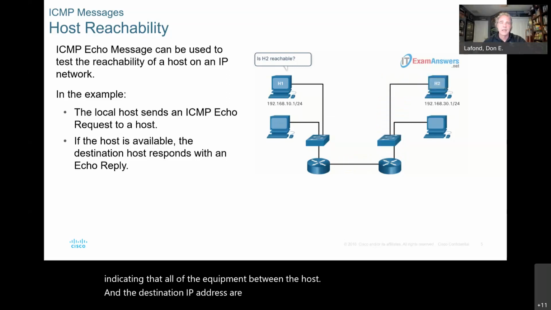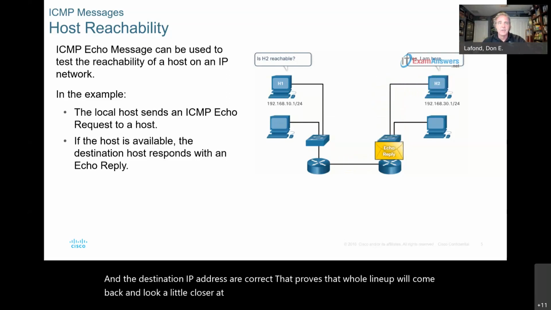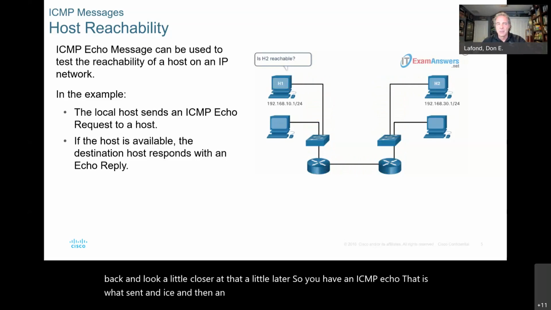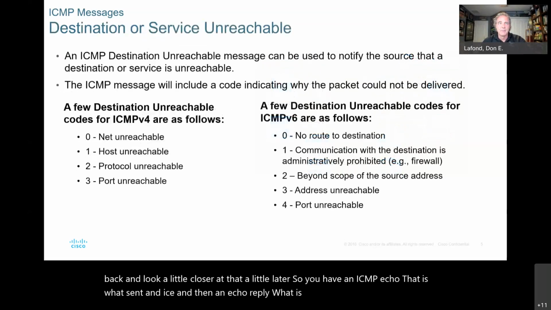Okay, that proves that whole line out. We'll come back and look a little closer at that a little later. So you have an ICMP echo, that is what's sent, and then an echo reply is what is received in return.